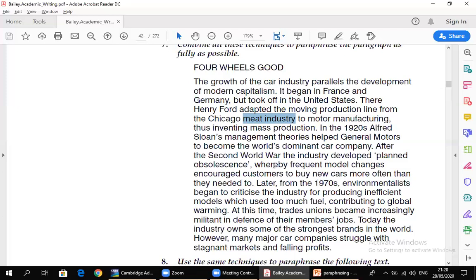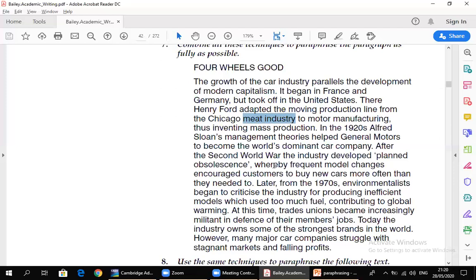Okay. To motor manufacturing. Any synonym for this one? Or we can change the word order. We can say manufacturing motors. So he shifted from meat industry. He shifted the business actually.